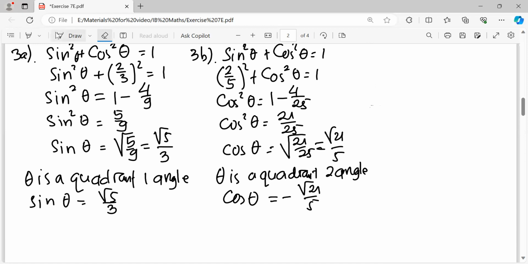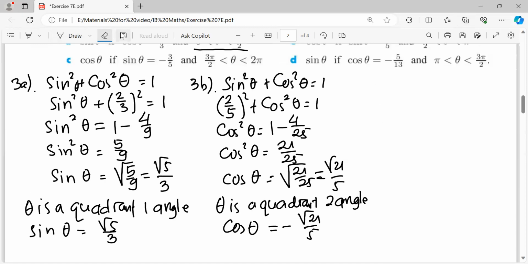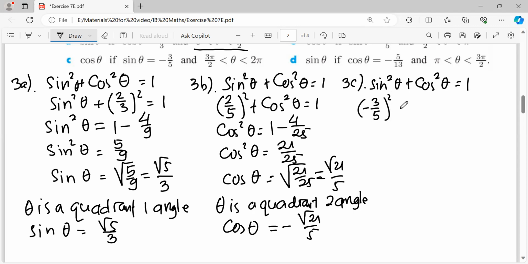Next, 3C. I'm going to use this base: sine squared theta plus cosine squared theta equals 1. And sine theta equals negative 3/5, squared.